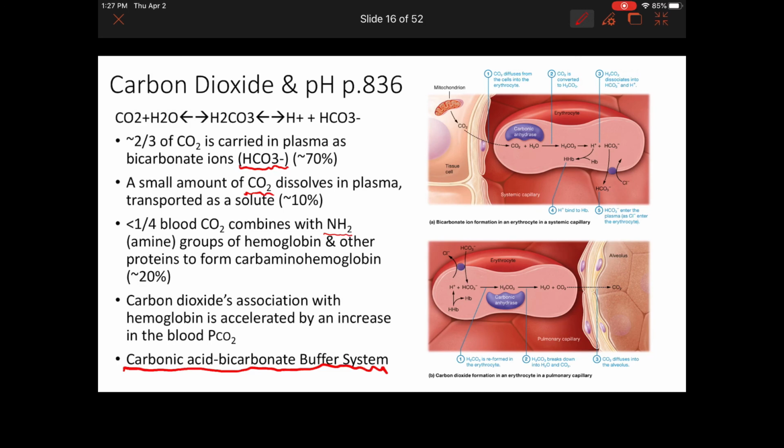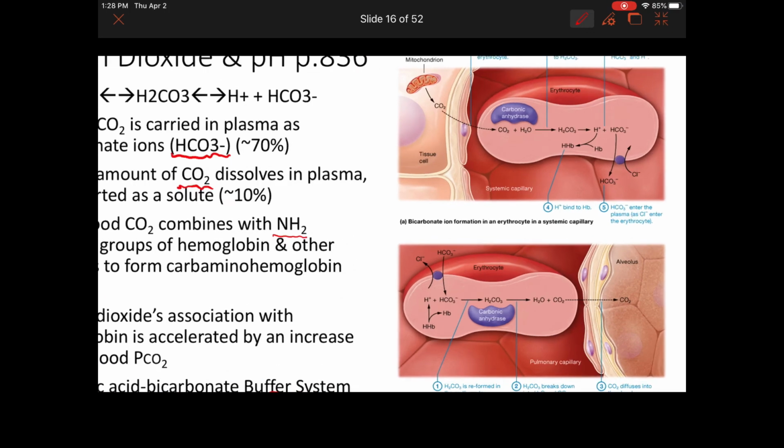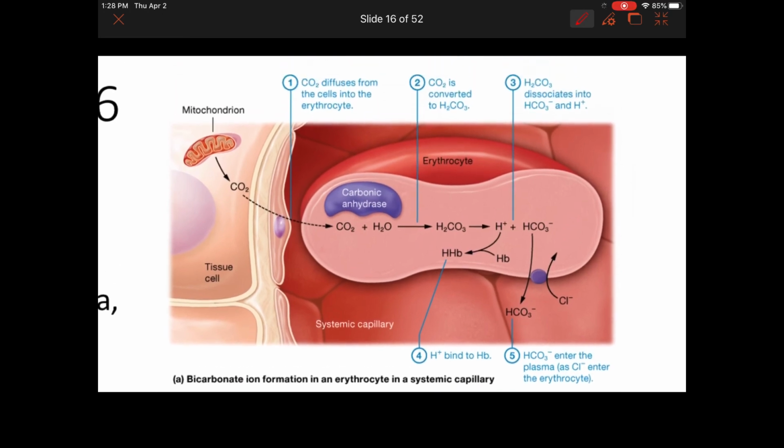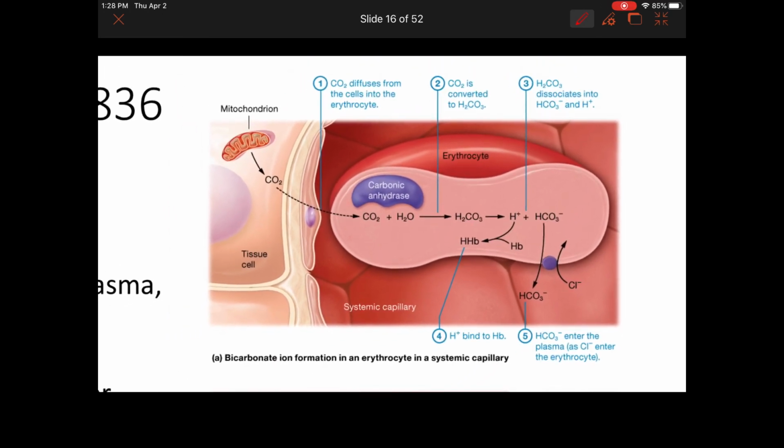So let's take a look at this diagram here that also illustrates the role of carbon dioxide and its relationship within the carbonic acid bicarbonate buffer system. So let's look at the top figure here for just a moment.